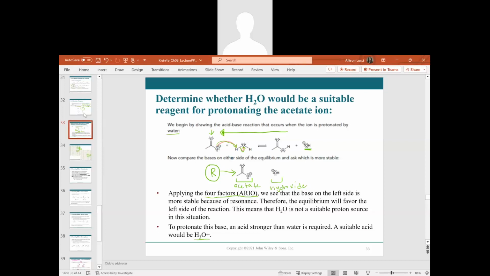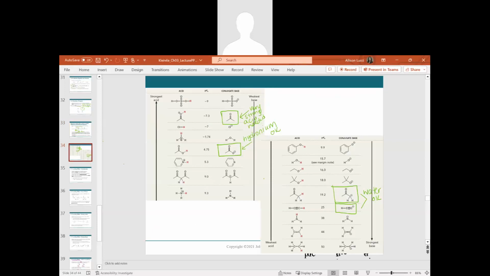Let's take a look at this reaction and the reagents on a pKa table here, and see if we can make some determination. The reaction that we were just looking at is with acetate here. Acetate is boxed in, that conjugate base on the right-hand side of our table, and we can see that acetic acid has a pKa around 4.75.